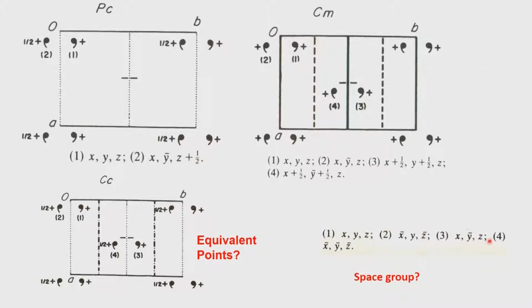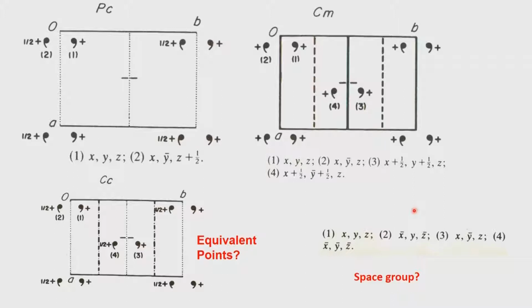Now, if you look at the point number 3, it is a mirror operation perpendicular to the B direction. So, we have a two-fold symmetry along the B direction, a mirror plane perpendicular to the B direction. That means it also has a center of symmetry equivalent point, which is x y z going to x bar y bar z bar. So, we are now looking at a centrosymmetric space group. So, the logical way to go about when equivalent points are given is to first see what type of lattice it is.